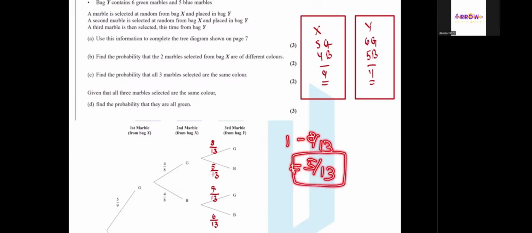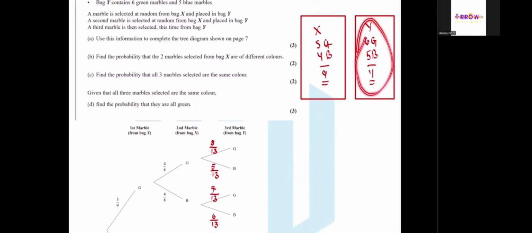But if you consider it individually, in the third attempt when you select a marble from bag Y, two marbles have already been shifted from bag X into bag Y. So total 11 plus 2 marbles in bag Y, which is 13 marbles.